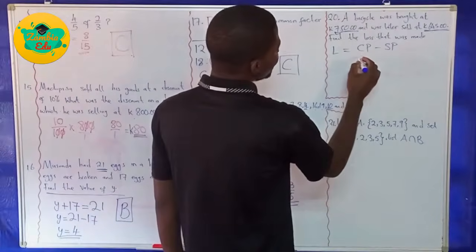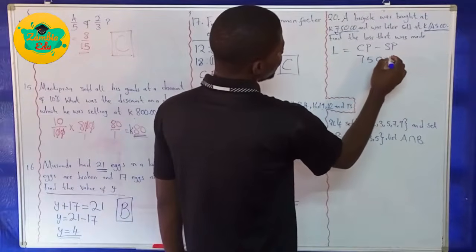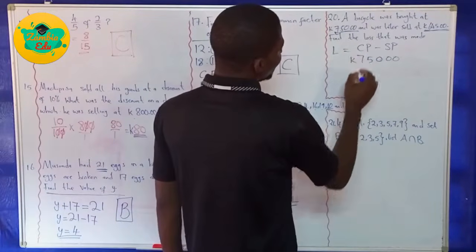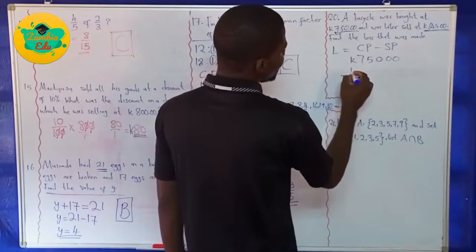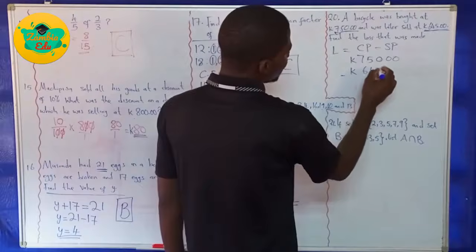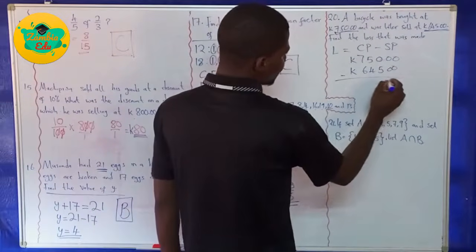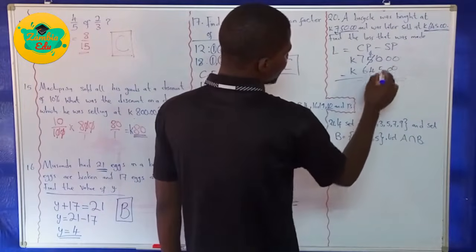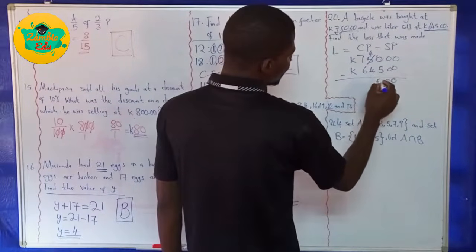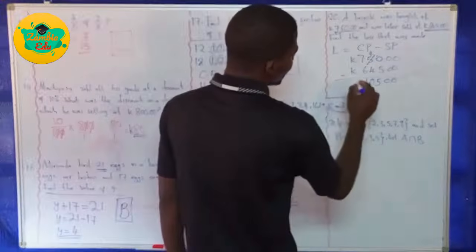So we know that we have 750 kwacha being the cost price, take away the selling price, which is 645. Let's subtract. 10 take away 5 is 5, 11 take away 4 is 7, then we have 1.